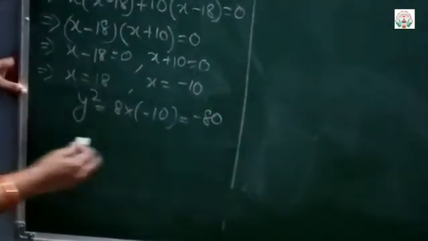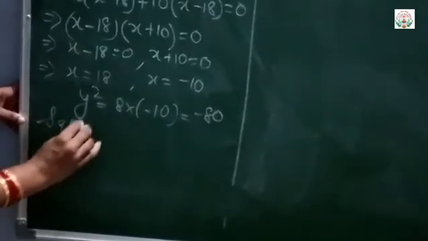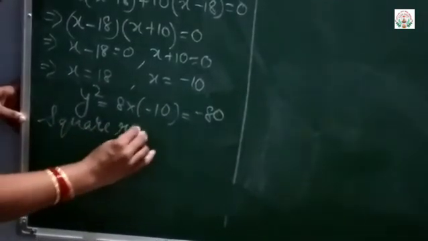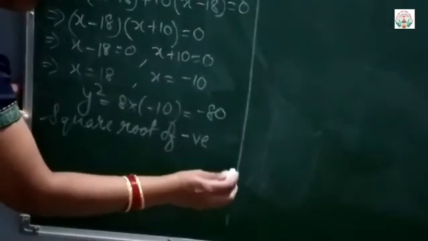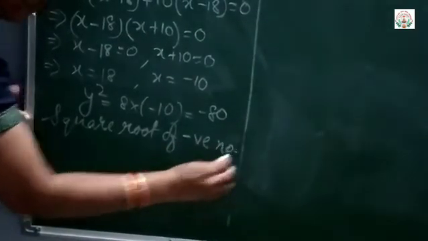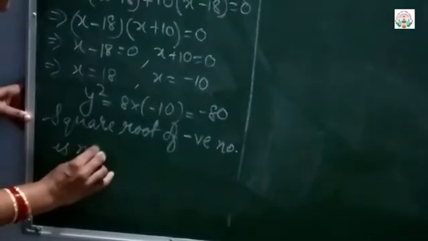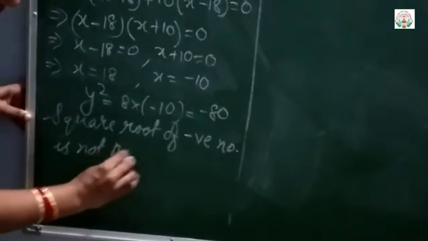Minus 80. So square root of a negative number is not possible.